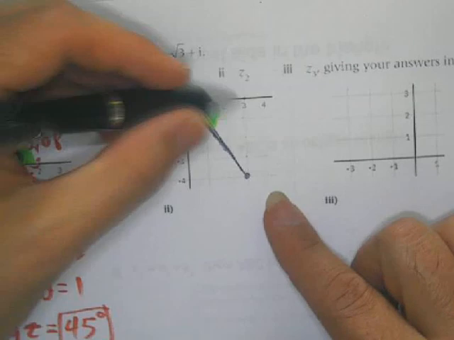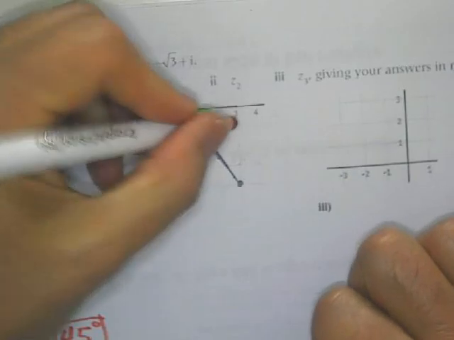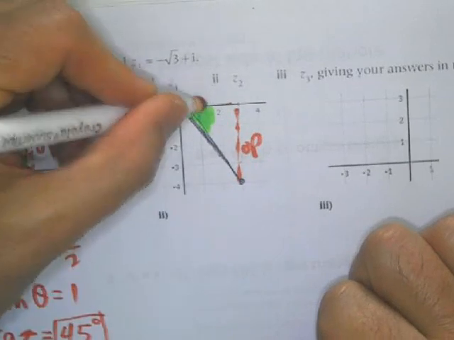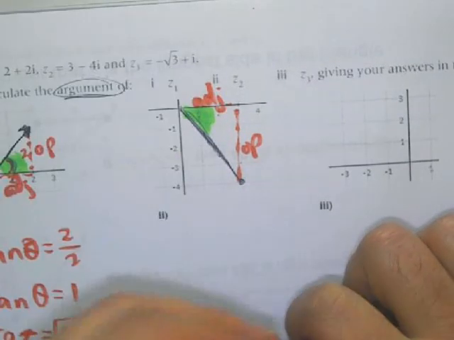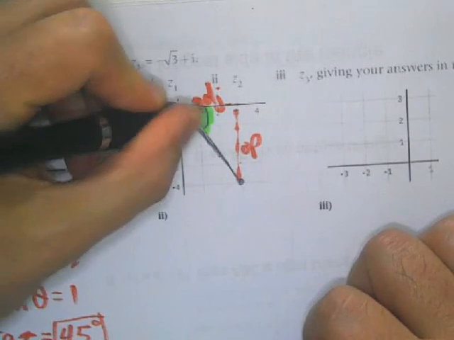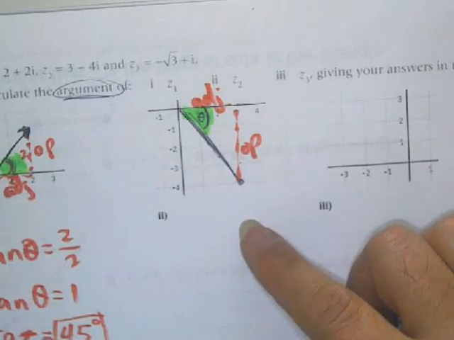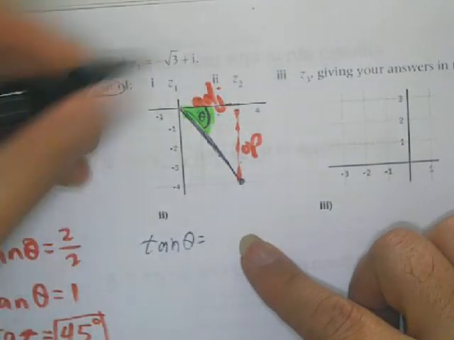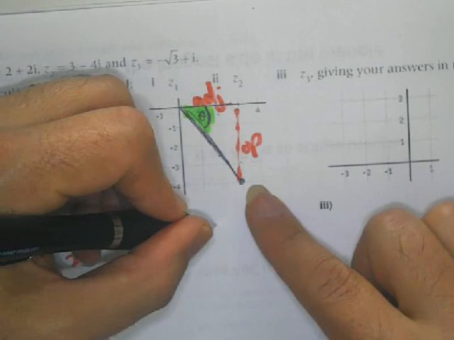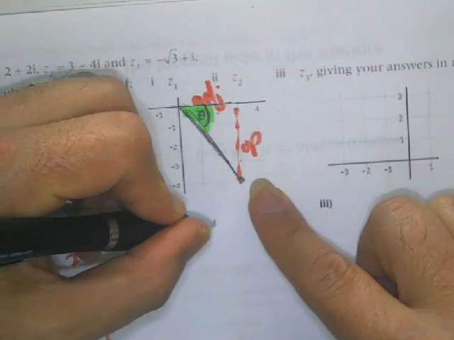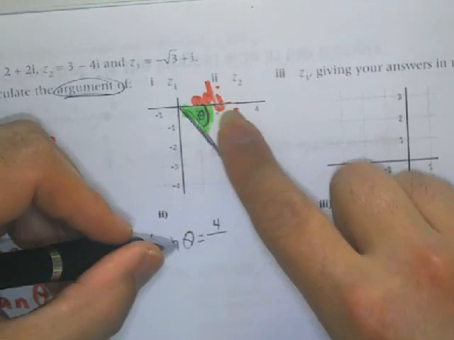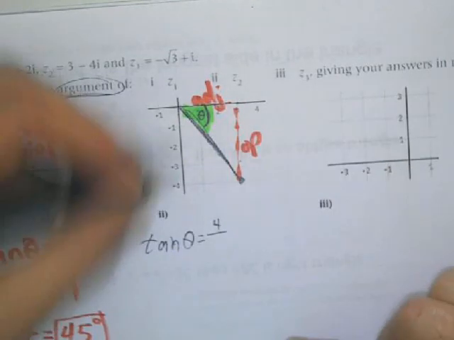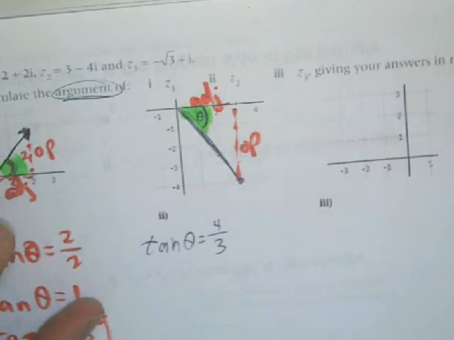So once again, this is the opposite side, this is the adjacent side, and we're trying to find this angle here. So I could write tangent theta equals opposite, which is 4, over adjacent, that's 3.